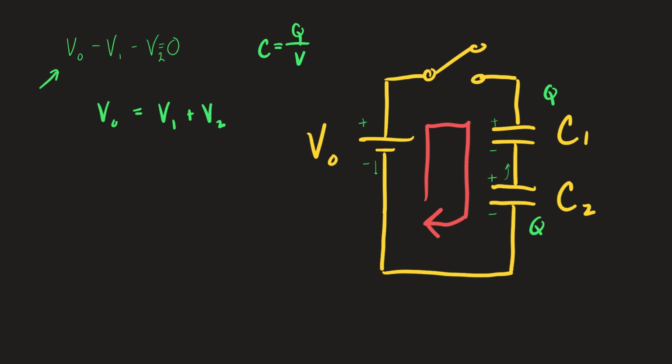In fact, one thing I'd like you to consider is that we could rewrite this, instead of in terms of potential, maybe in terms of the capacitance. Since we know V is going to be Q over C, we could write this as Q over C1 plus Q over C2.